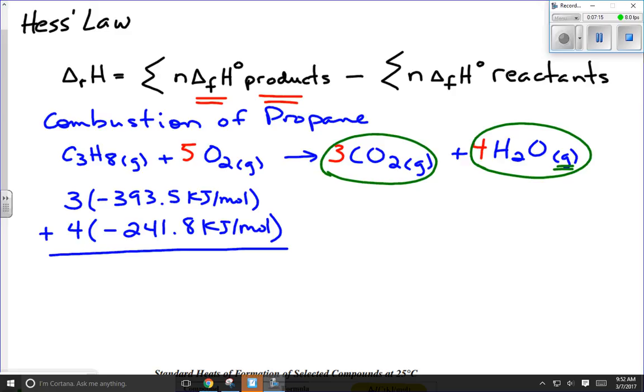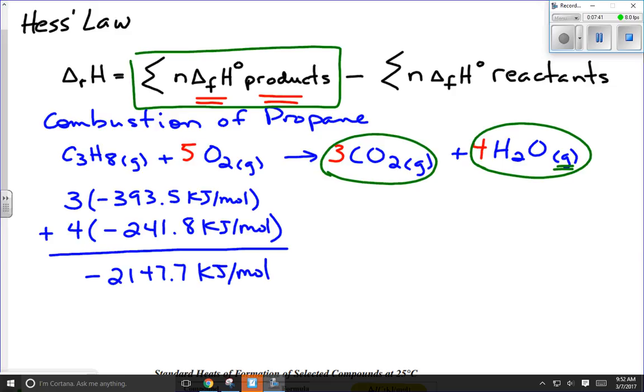All right, so after calculating, we find that our product side of the equation comes out to negative 2,147.7, and our unit is kilojoules per mole. All right, so that is our product side of our equation. So we've now completed this part of our formula.